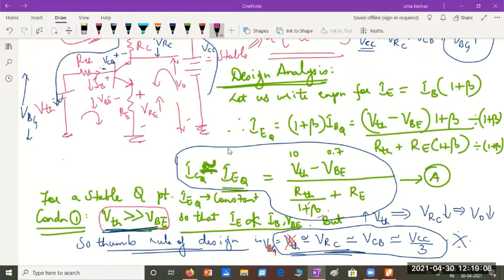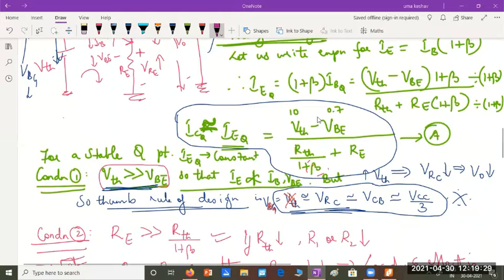So if we have to make this emitter current independent of VBE, looking at this equation, which is written as equation A, we said we have to choose this constant voltage V Thevenin to be much larger than the base emitter voltage. If we could do that, we'll be making this current almost independent of changes in VBE. And if I make this independent of VBE, it will almost be independent of IB as well as IC also.